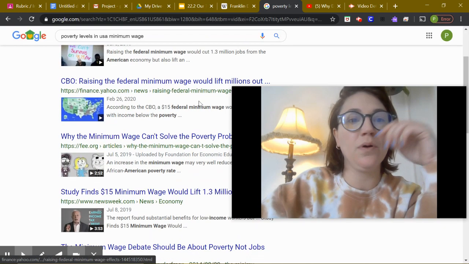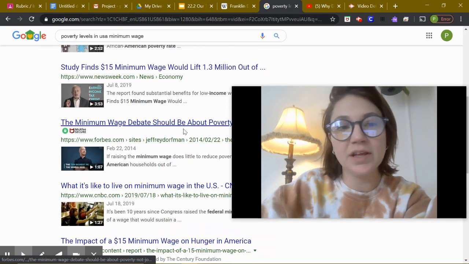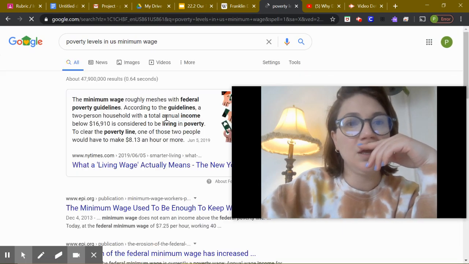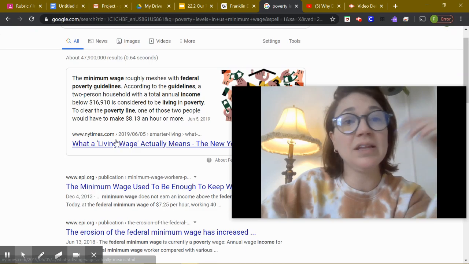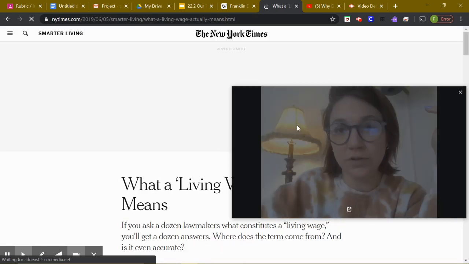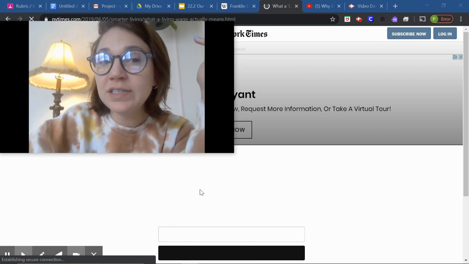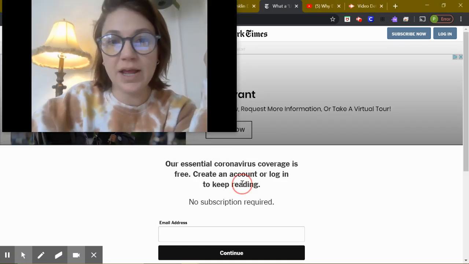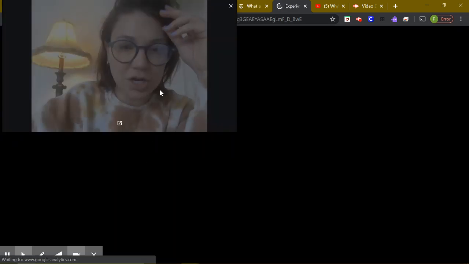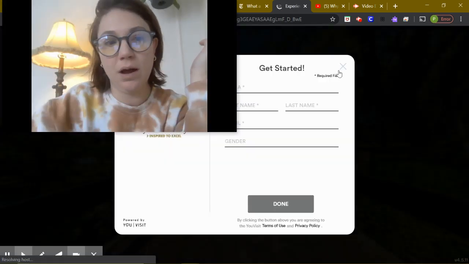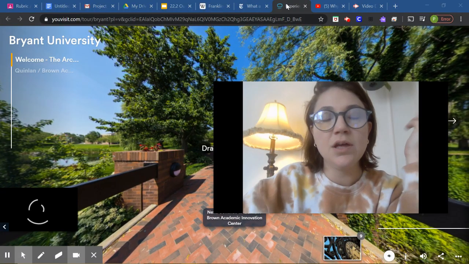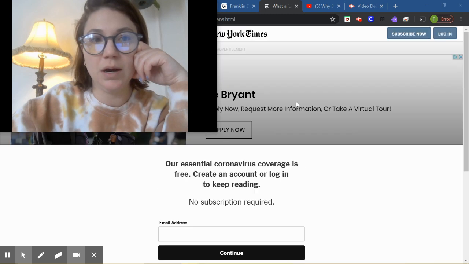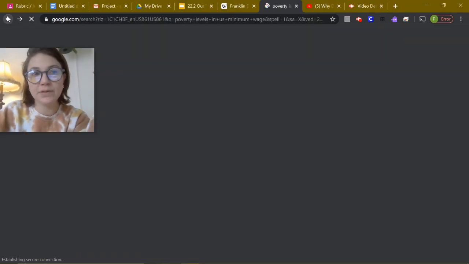So this is another thing that people are wondering, should we raise the minimum wage? Because in today's society, even if you have a full-time job, in most states, even if you work 40 hours a week at minimum wage, you actually still can't afford an apartment, or you may still need to get benefits.